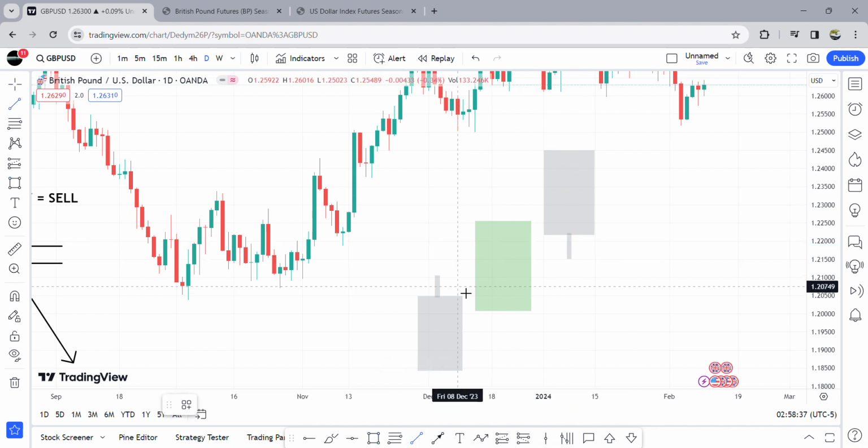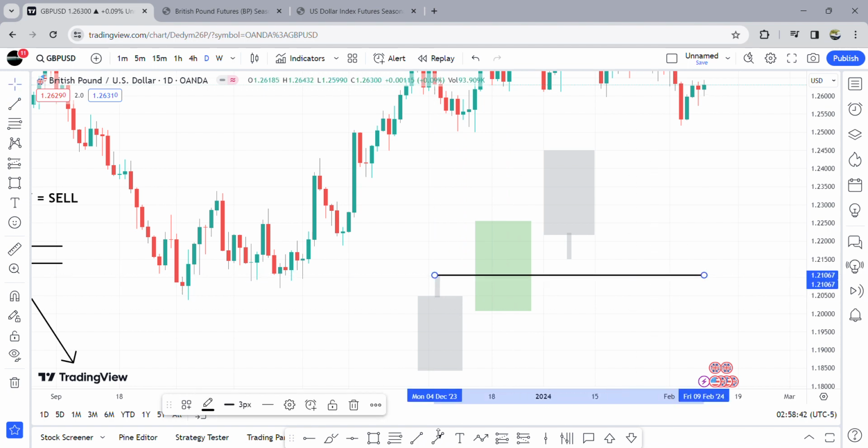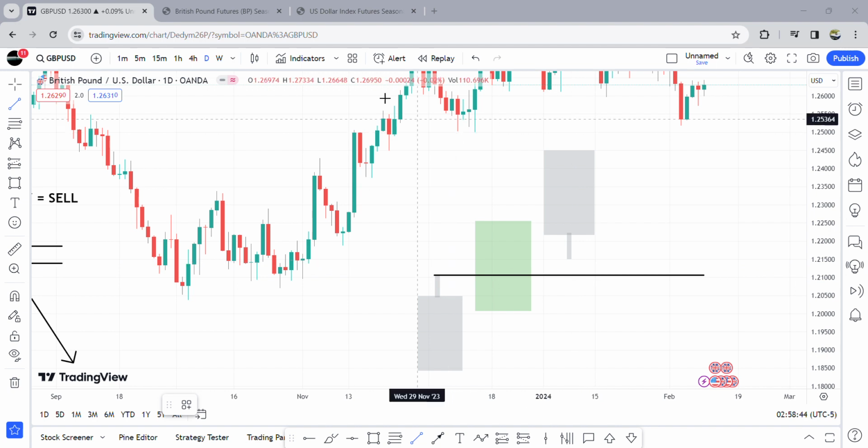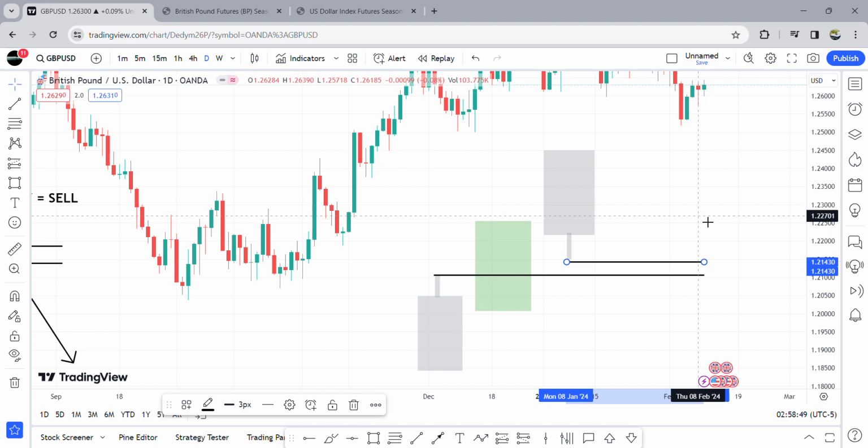So right here the first candle's high doesn't meet the third candle's low.